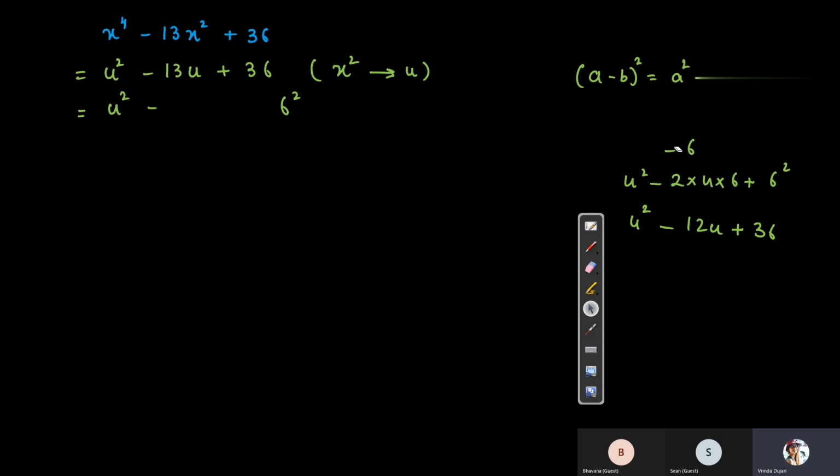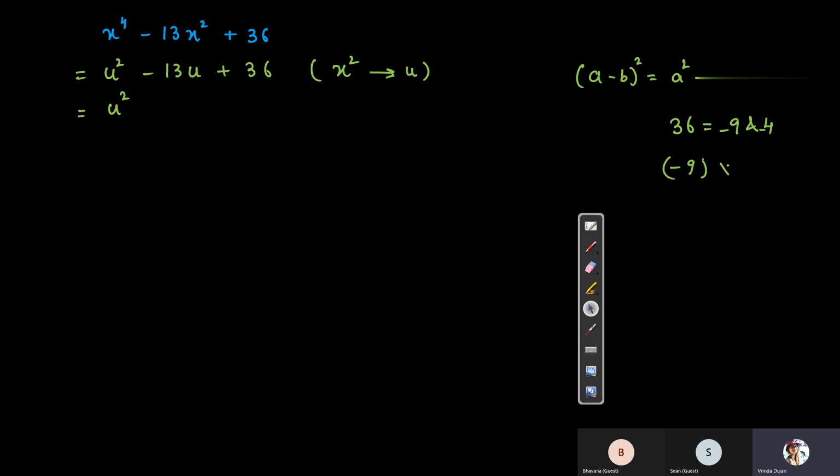So here we will go with the splitting the middle term method, the AC method. Find out the factors of 36. Remember, factors of 36. 9 and 4 will work. Negative 9 and negative 4.